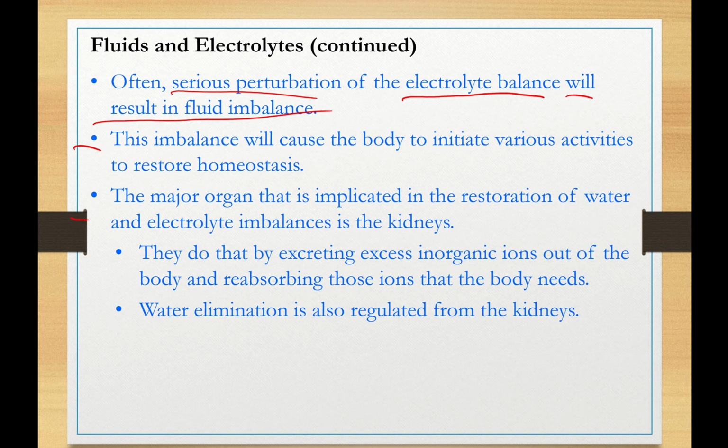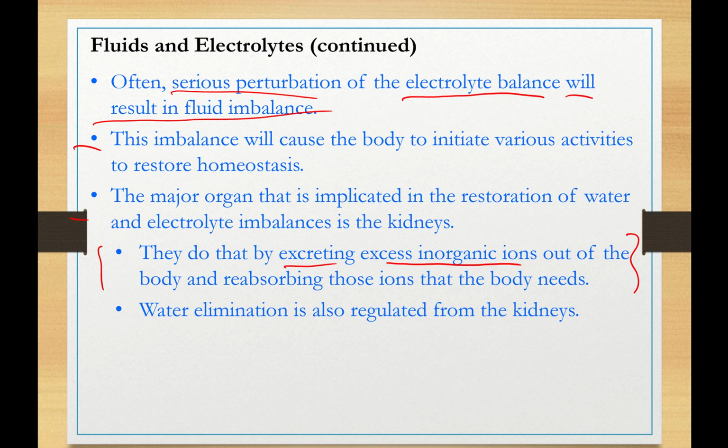Now, the major organ that is implicated in the restoration of water and electrolyte imbalances is the kidney, as I mentioned last time. So the kidney is the organ that is involved in the regulation of water and electrolytes in our body. Kidneys regulate electrolytes by excreting excess inorganic ions out of the body and reabsorbing those ions that the body needs.